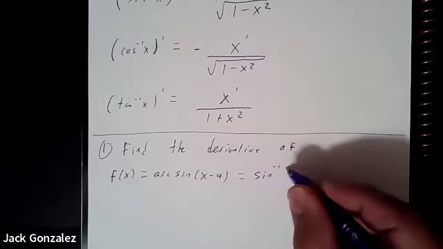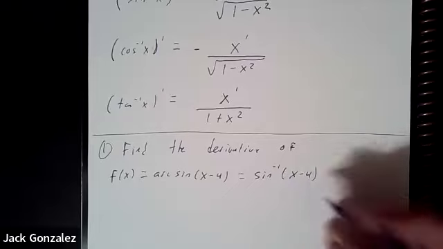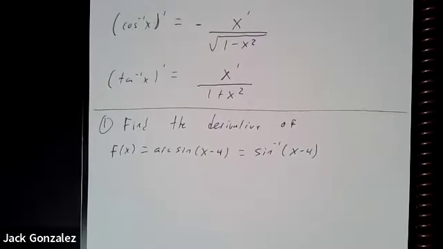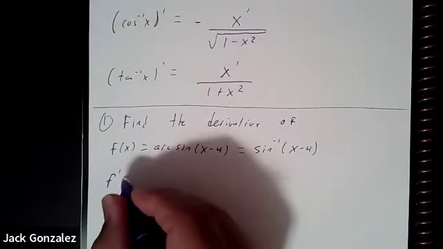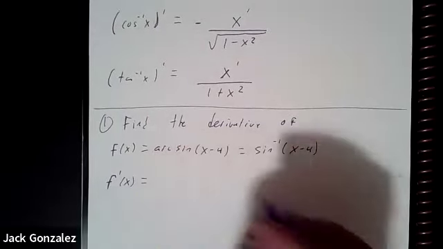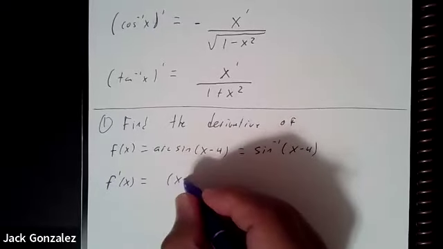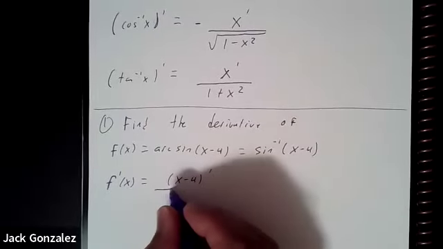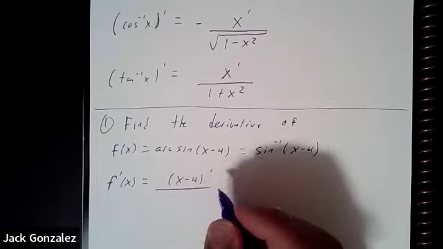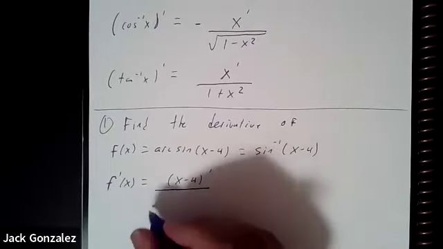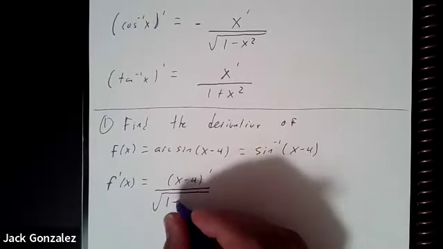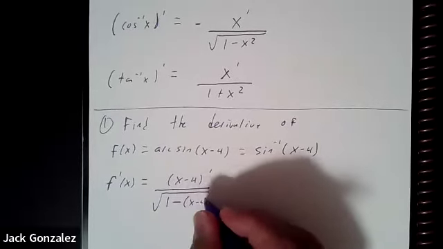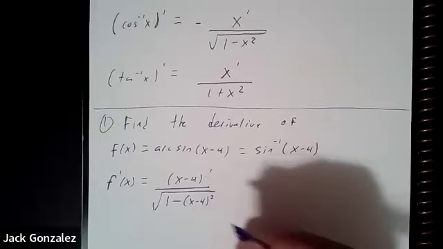Same as sine inverse of x minus 4, just in case you forget. So the derivative of f will be the derivative of this, whatever that is, over the square root of 1 minus (x minus 4) squared.